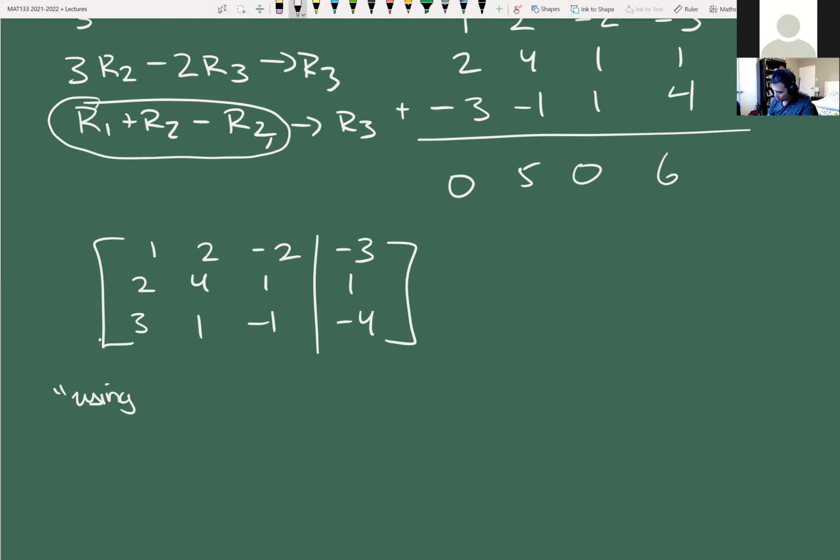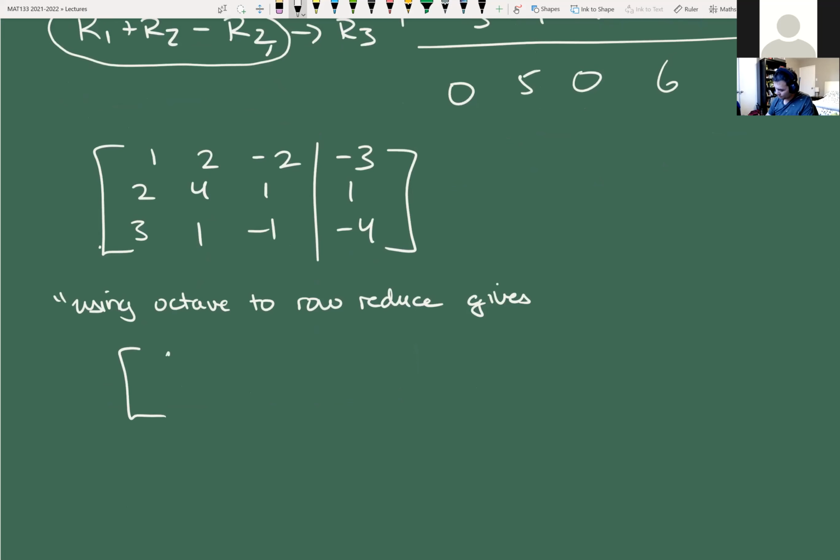And then what I would say is, using Octave to row reduce gives, and then whatever the row reduced matrix was. It was -1, 2/5, and 7/5, right?